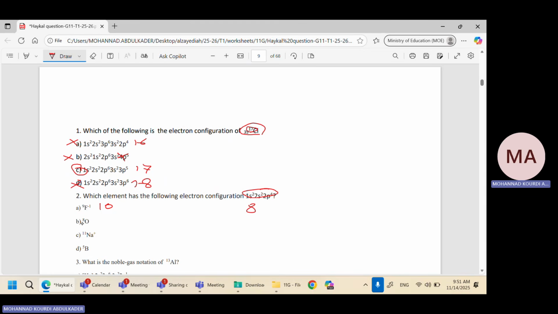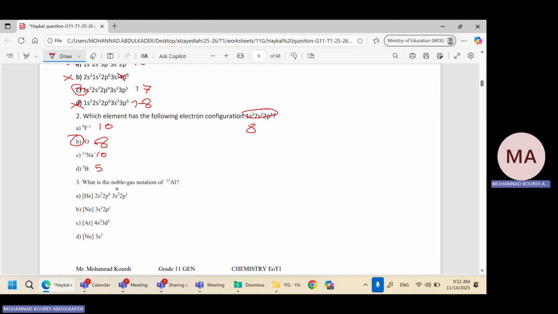B has 8 electrons and no charge, so the answer is B, oxygen. Let's check C. C has the sodium ion, which is positively charged, so it's missing 1 electron. So C has 10 electrons. And D has 5 electrons, so the answer will be the oxygen element.